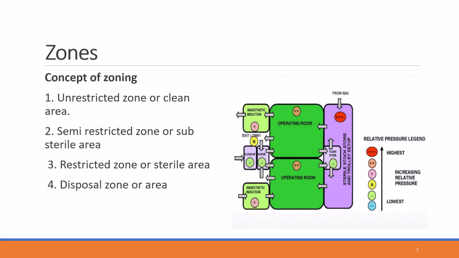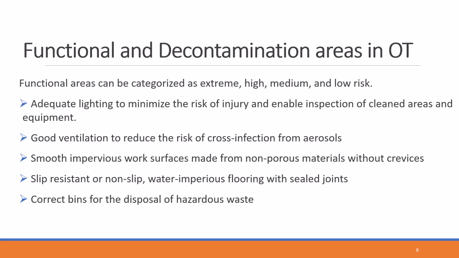Now we will see functional and decontamination areas in OT. Functional areas can be categorized as 4 types: extreme, high, medium and low risk. Adequate lighting to minimize the risk of injury and enable inspection of clean areas and equipment.